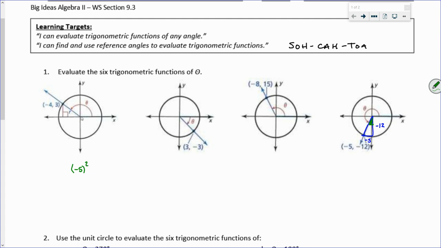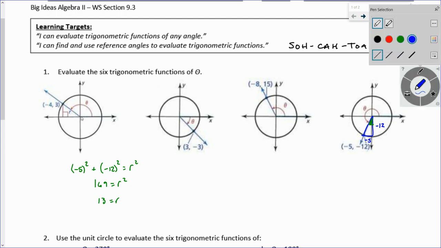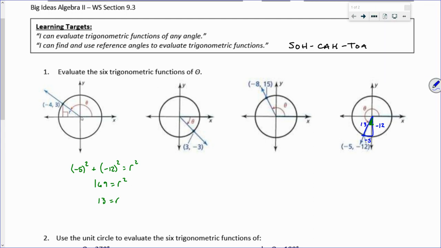Negative 5 squared plus negative 12 squared equals r squared. 25 and 144 is 169. If I just use my Pythagorean triples, I'd know it's a 13 already. So our hypotenuse is 13. Again, we will do 6 trigonometric functions.